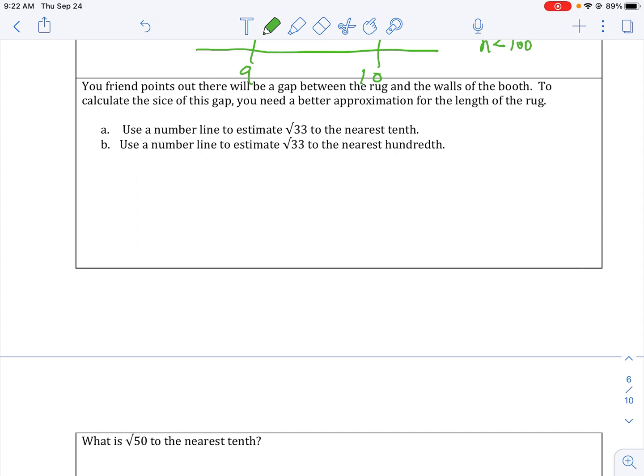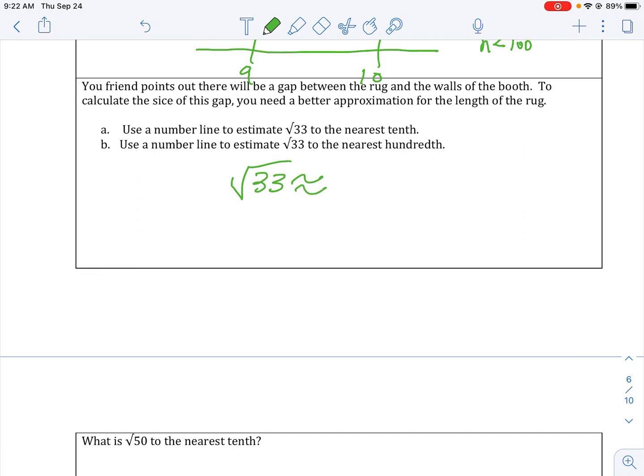Your friend points out there will be a gap between the rug and the walls of your booth. To calculate the size of this gap, you'll need a better approximation for the length of the rug. Use the number line to estimate the square root of 33 to the nearest tenth. Well, we did the square root of 33 earlier. Let's do it again.